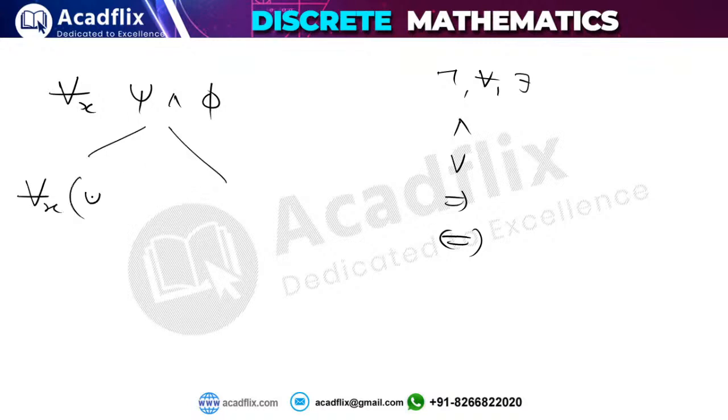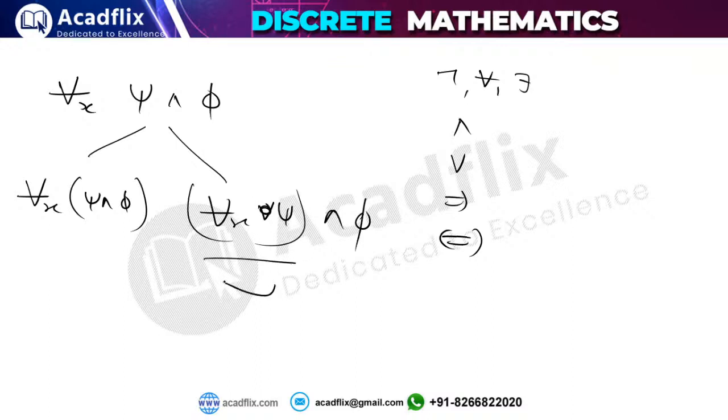One way is to interpret like this, and another way is like this. What is the correct way? The correct way is this. Why? Because you can see this for all quantifier has more precedence than conjunction. So you must give this for all more precedence than conjunction. So you should not do the conjunction first. First you should do the for all, then you should do the conjunction.